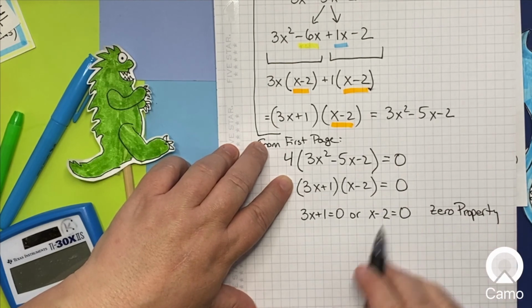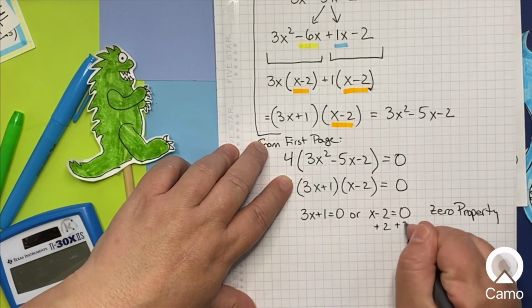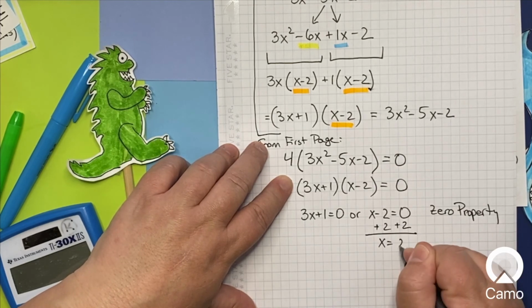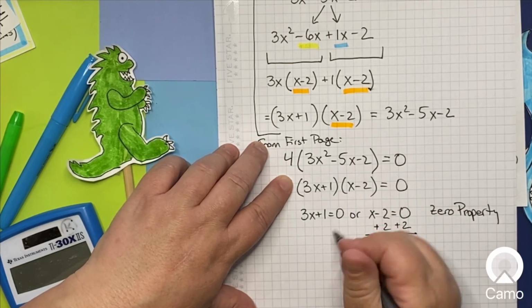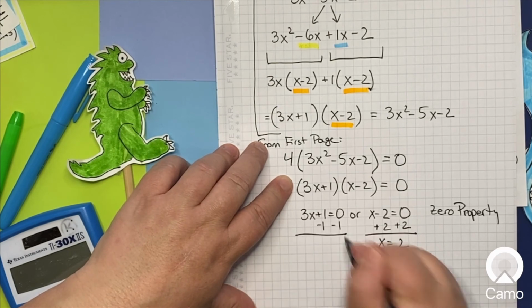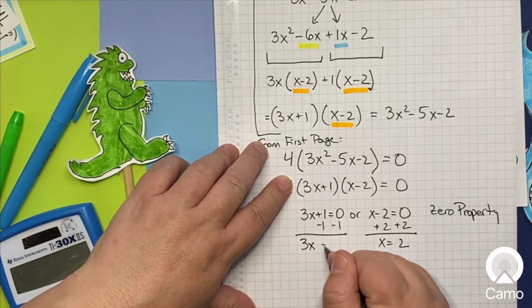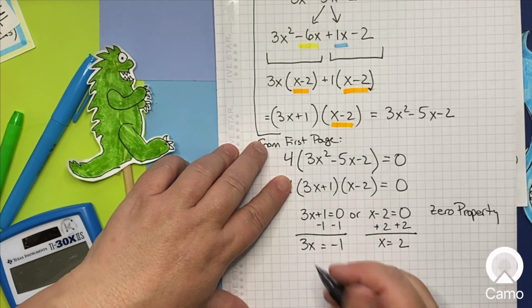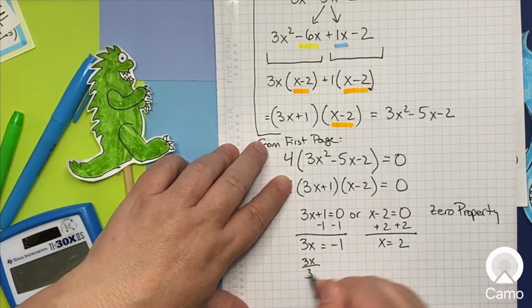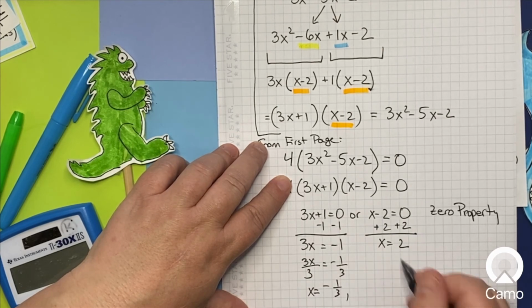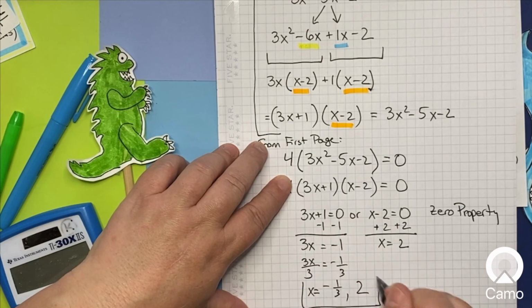Okay, so I'm going to skip that one because it's looking a little intimidating. I've got a plus 2 on both sides, so x equals 2. And then here, okay, I'll go ahead and do it. 3x equals -1. And if I divide both sides by 3, I get x equals -1/3, or x equals 2.